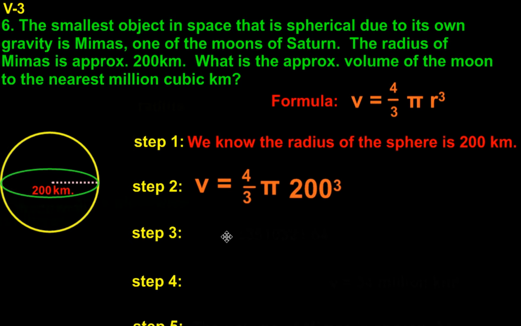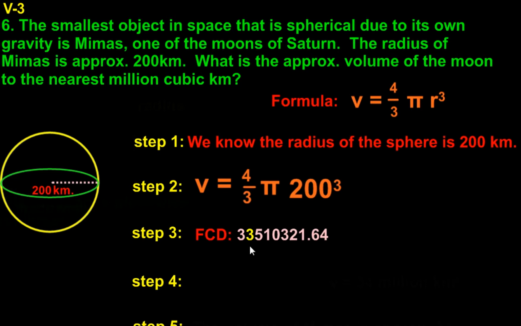So you can well imagine this is going to give us a very large number. And again, I don't need to get the exact answer. My full calculator display is 33510,321.64. And the reason that I highlighted that yellow 3 is because we need to go to the nearest million cubic kilometers.